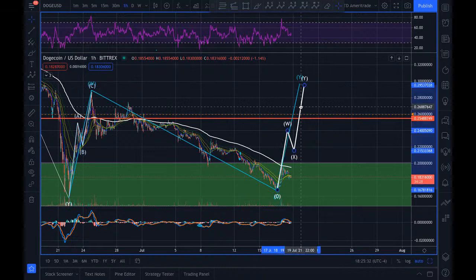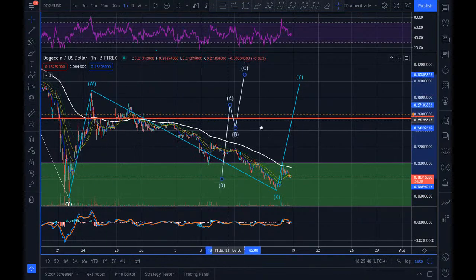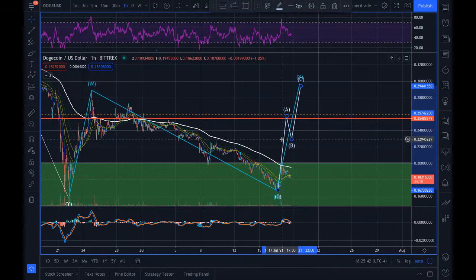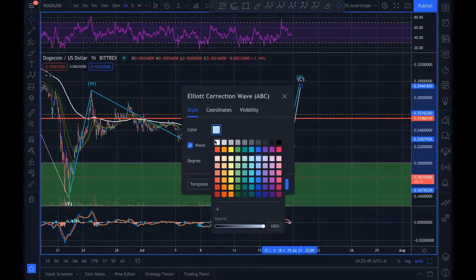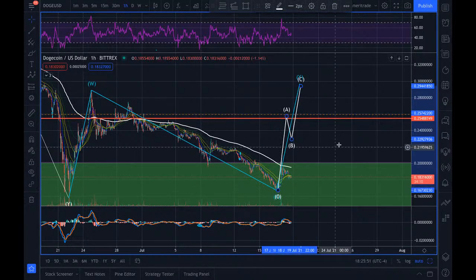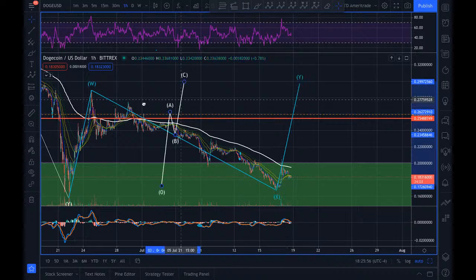And instead of XYZ, it might be more like ABC. The difference is that ABC has subwaves of 5 and XYZ has subwaves of 3. Or WXY, I mean. Okay, so this is what we might have coming up.